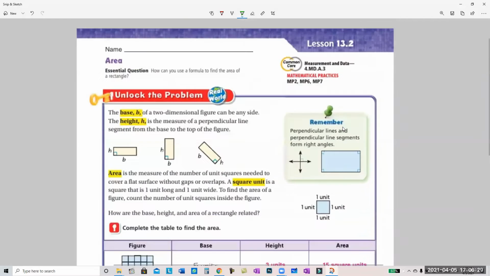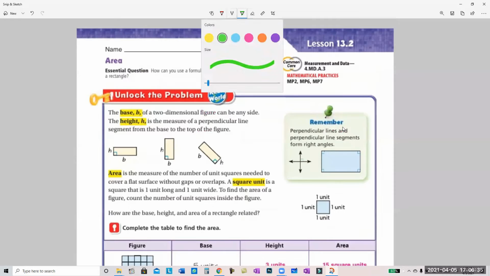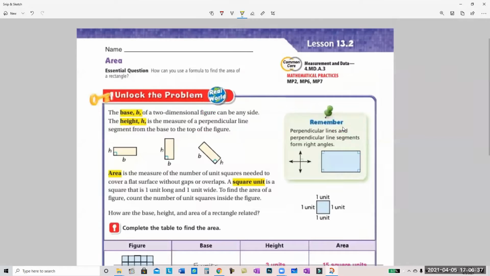Okay everyone, let's start. As I said before, today's lesson is about area. To get the meaning of area, you have to start with the base and the height.